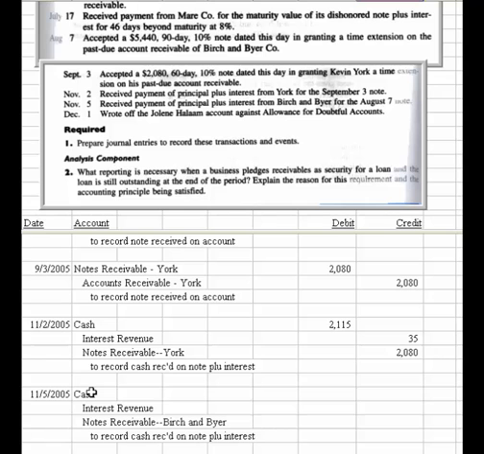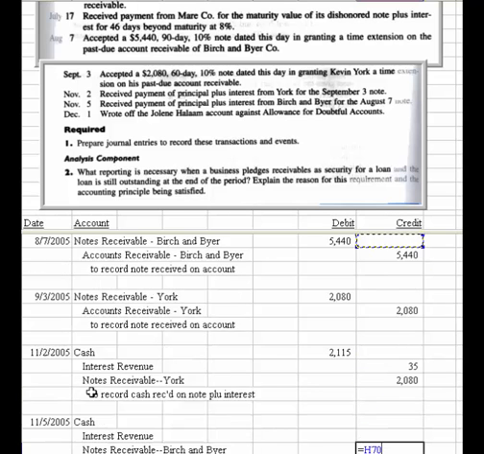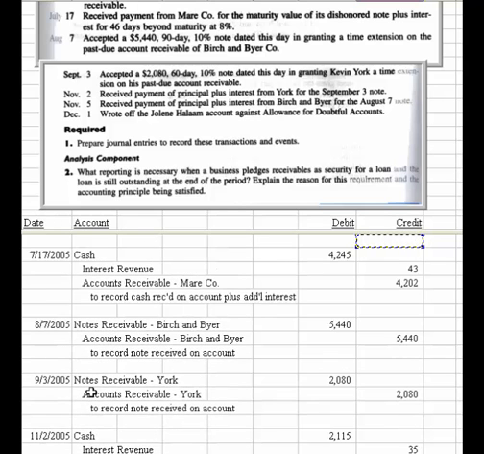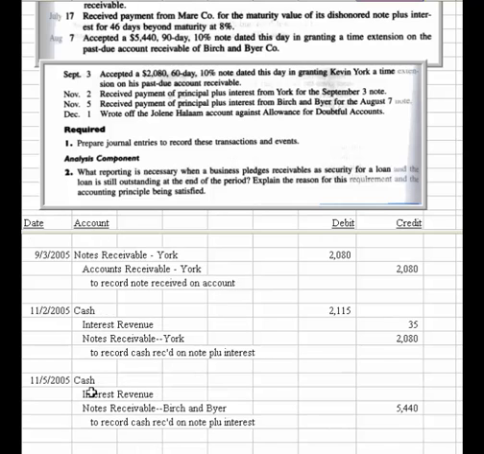Got some room. Birch and Buyer was equal to, let's find that amount, 5,440. Yep, I'll slide back up so you can see that I put that in. The interest calculation would be equal to that 5,440.